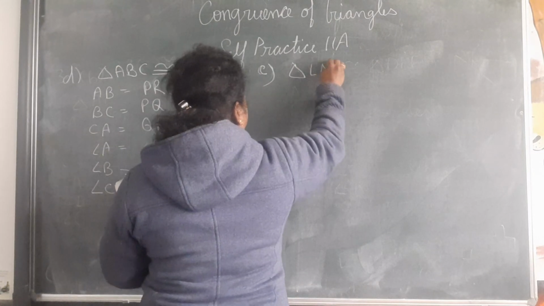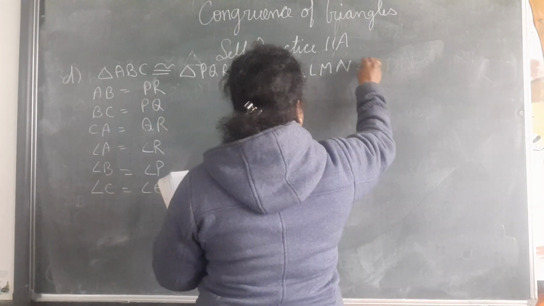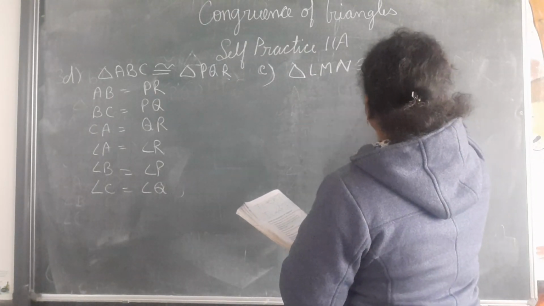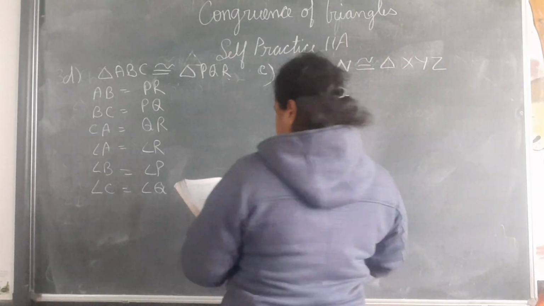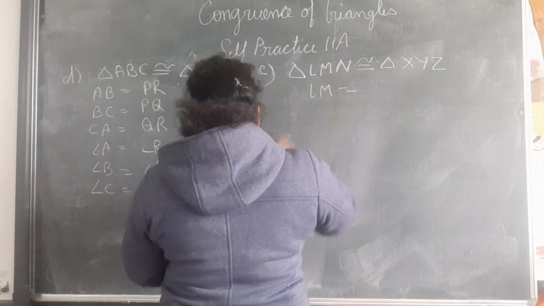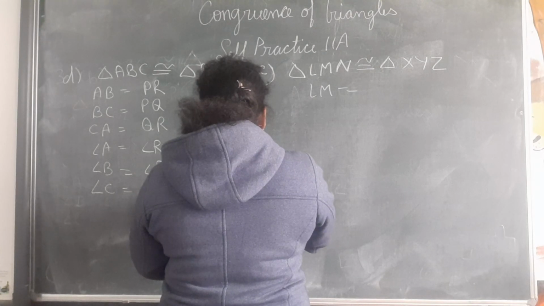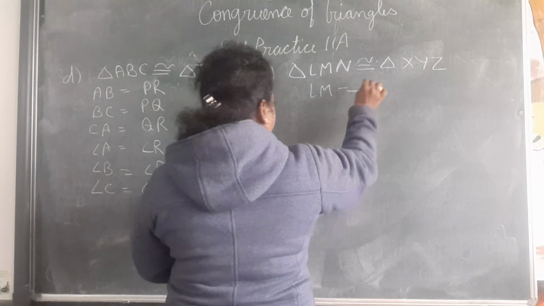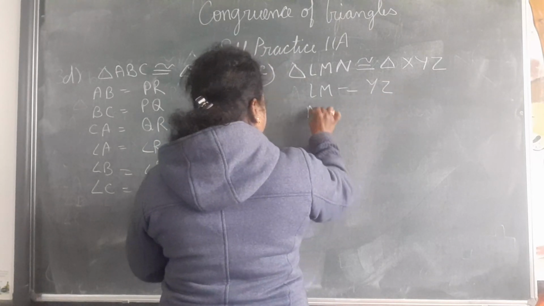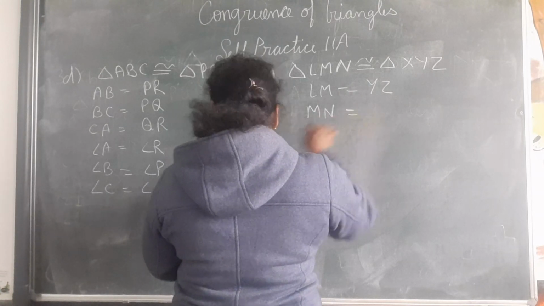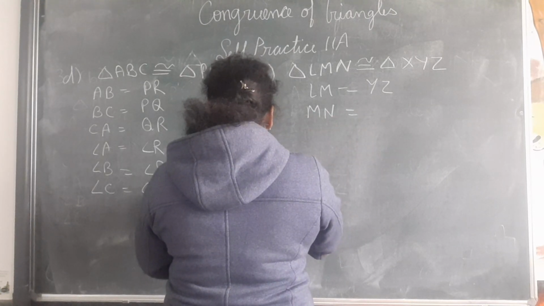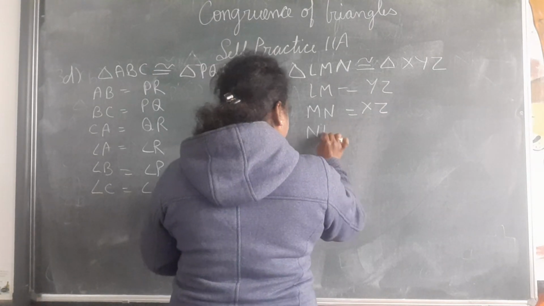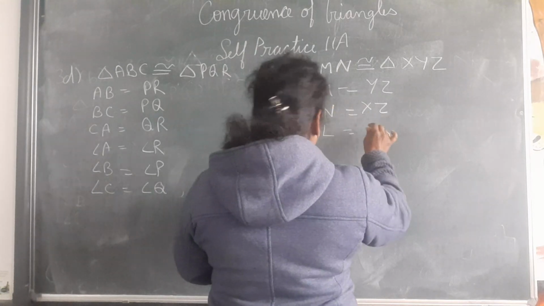What is there in E? Triangle LMN is congruent to triangle XYZ. Now see, LN is equal to YZ. Then MN is equal to XZ. Then LM is equal to XY.